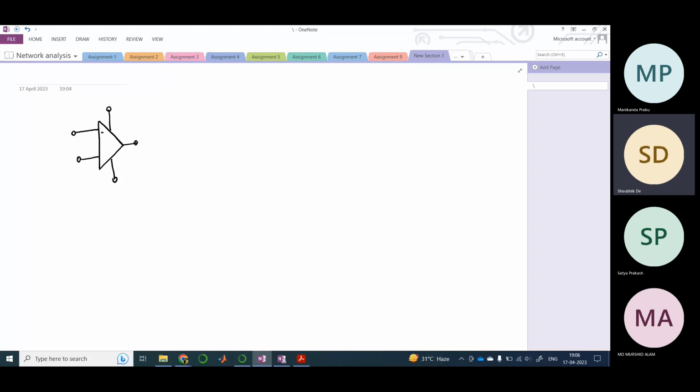Here this is written as minus and this is plus. This minus terminal is the inverting terminal due to the negative sign, and this plus terminal is the non-inverting terminal. The one on the top is written as VCC, and the one at the bottom is written as minus VCC, and this is written as VO, or V output.